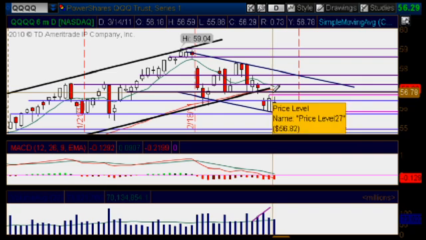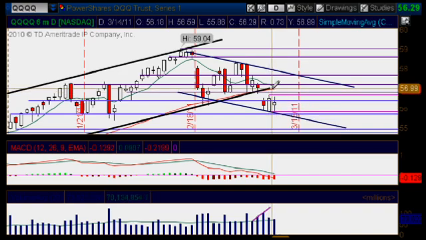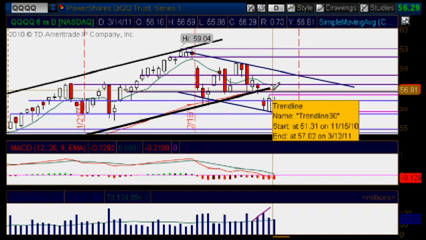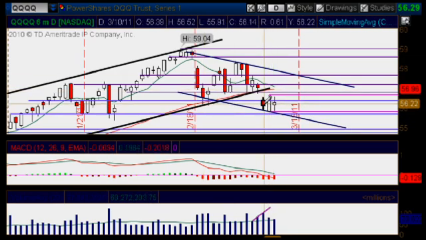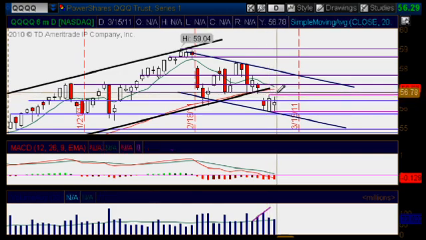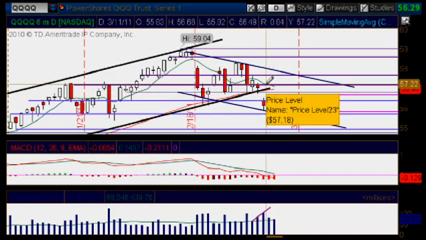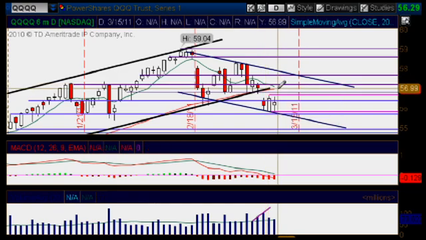Then we have the next area of resistance right here at the 56.78 mark, and then the red moving average, which is sitting at the 56.96 mark. So we have so many major areas of resistance on our way up that we could get stopped at. Pay close attention to that.